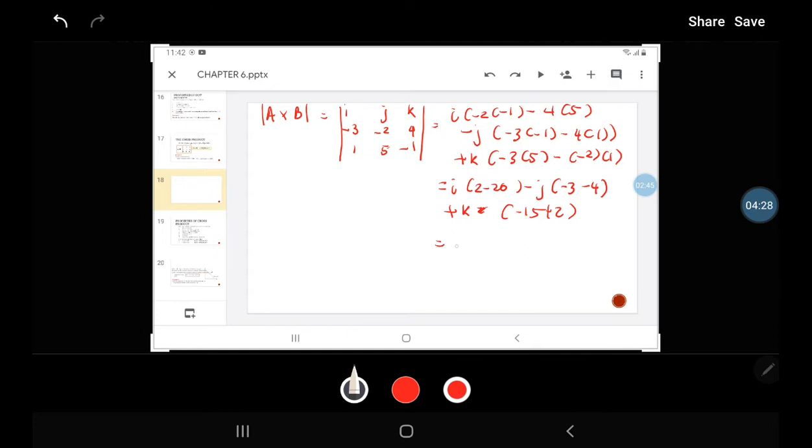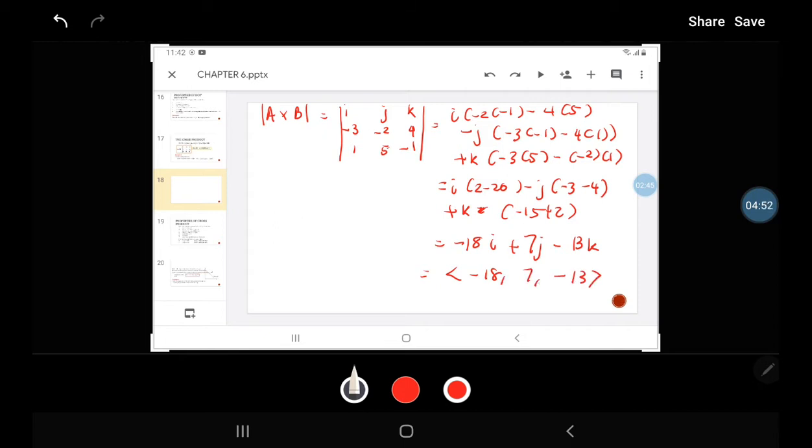So the answer is negative 18I plus 7J minus 13K. That is your answer, which can also be rewritten in vector form: negative 18, 7, negative 13.